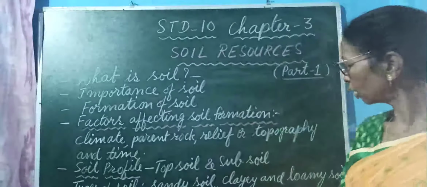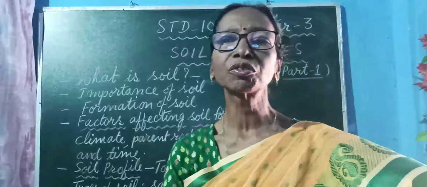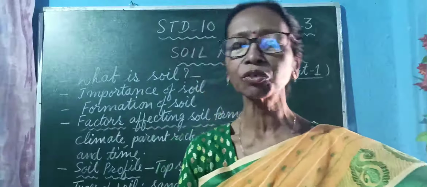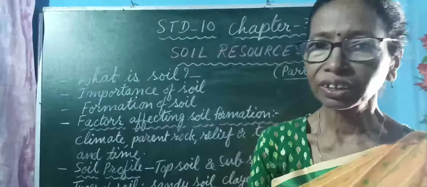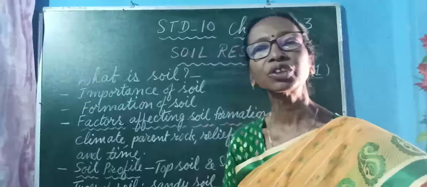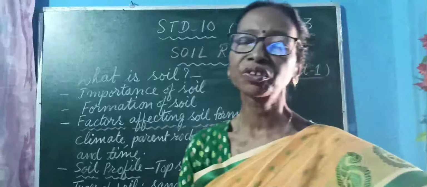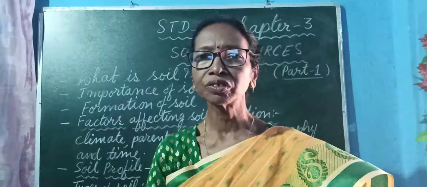But the third type, that is loamy soil, has 50% clay and 50% sand. And therefore, this is the best soil. Loamy soil is the best soil suited for all crops, and it is good for cultivation of different crops.